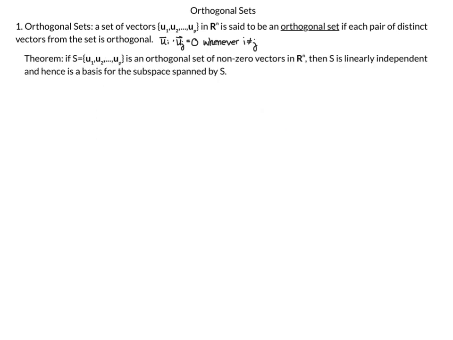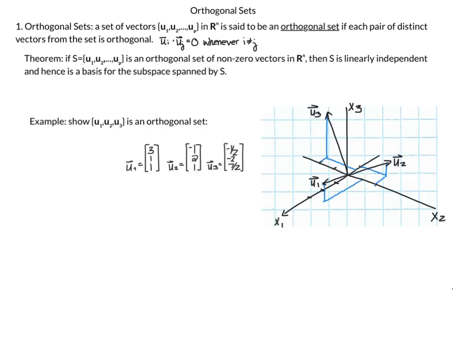Next, we have this theorem that if we have a set S of vectors u1, u2 up to up, that's an orthogonal set of non-zero vectors in Rn, then S is linearly independent and hence a basis for the subspace spanned by S. And before I go into a proof of this theorem, I do want to point out that in our last example, u1, u2, u3 was an orthogonal set, and we saw that the graph u1, u2, u3 are perpendicular to each other, so we could use u1, u2, u3 as a basis for R3.